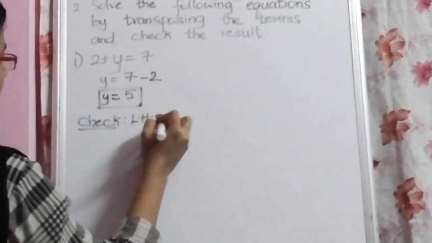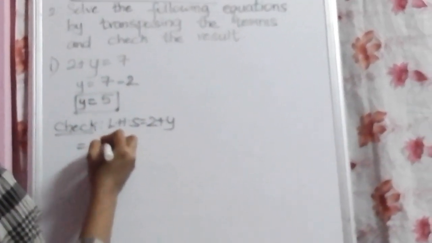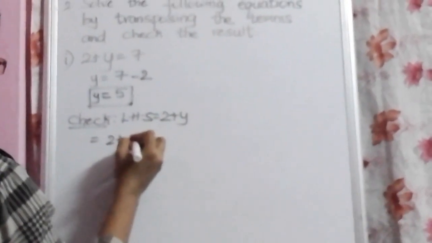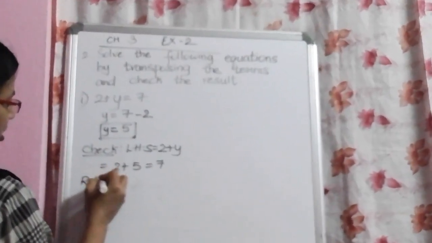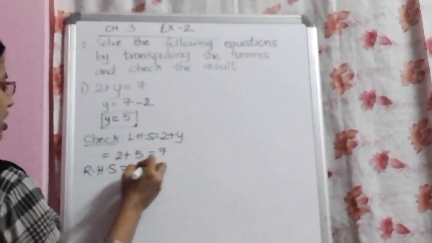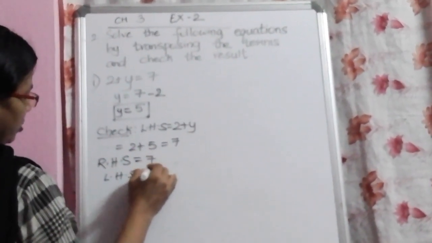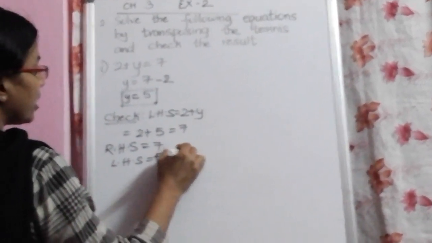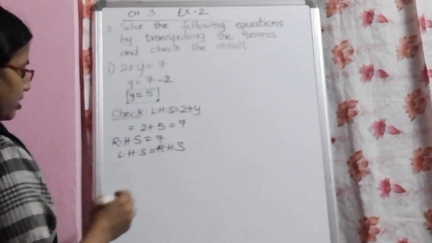LHS side 2 plus y. 2 plus y is 5. So what did you get? It is 7. Now what is there in RHS? It is 7. So you know that LHS is equal to RHS. So the value of the variable y, what you got, is correct.